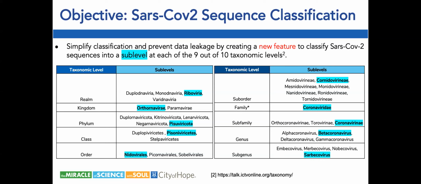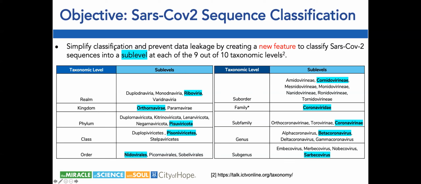And there are some levels in which it's easier to classify them and some that are more difficult. So we actually have a pyramid that allows us to determine which ones are more complex and which ones are not so complex. So what we're seeing here is we're looking from the most complex to the least complex, where realm is the most complex and subgenus is the least complex.